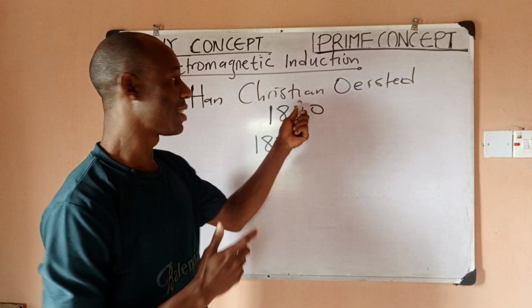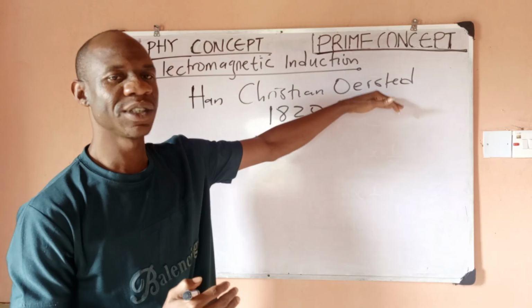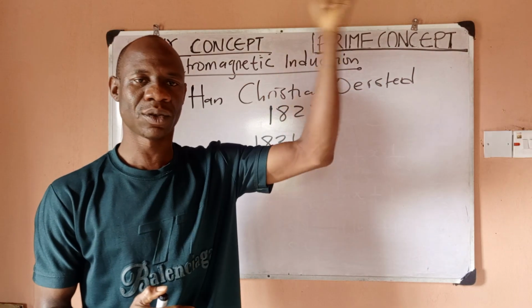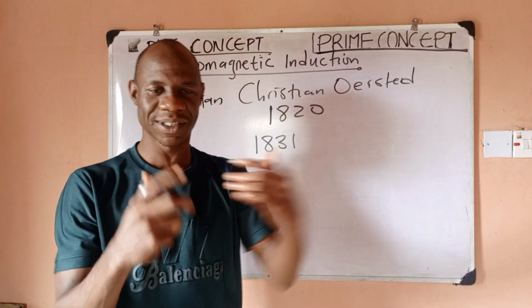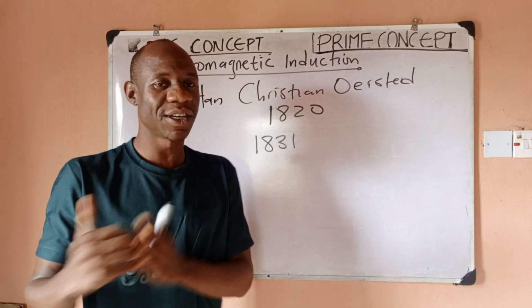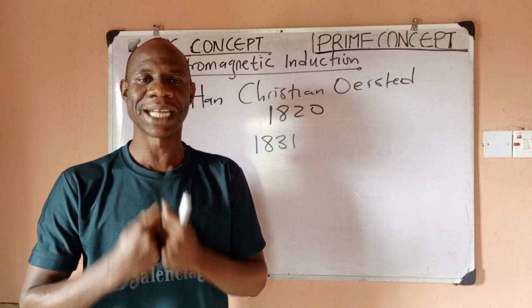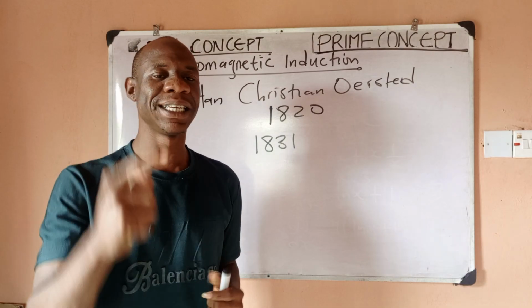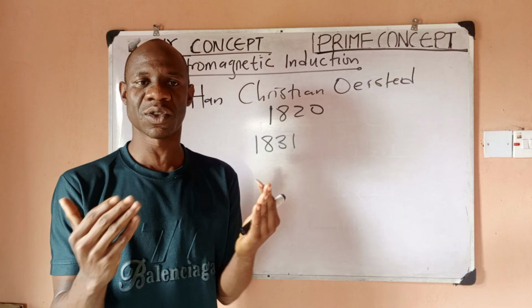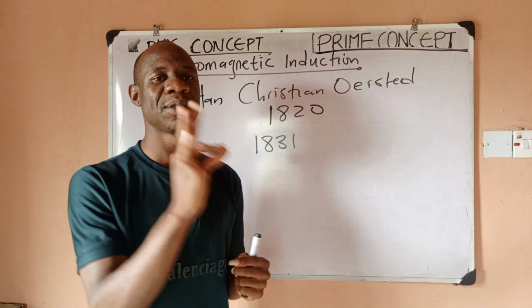I can summarize this by saying that Oersted discovered that electricity creates magnetism, and Michael Faraday, on the other hand, realized that magnetism can also create electricity. But there's a special case for Faraday, because it's not just any magnetic field that will create this.